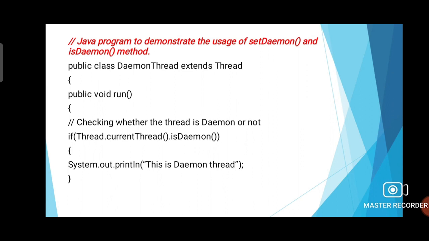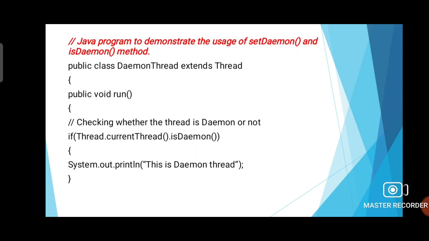We are applying the condition in the if statement like Thread.currentThread().isDaemon(). So the current thread will be retrieved and the isDaemon method will check whether the current thread is a daemon thread or not. If the current thread is a daemon thread, it will return true.